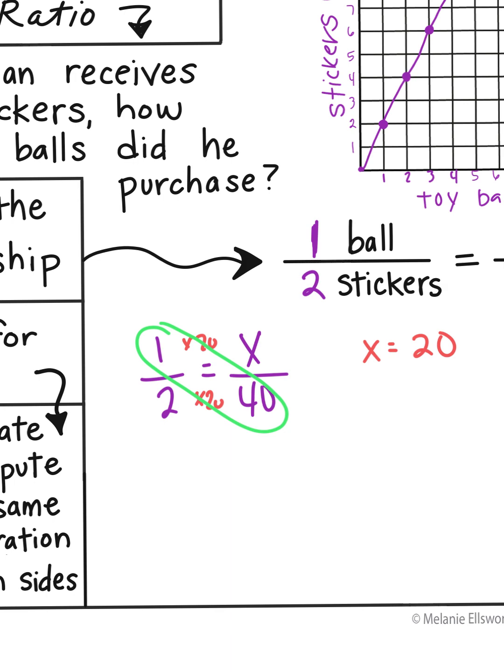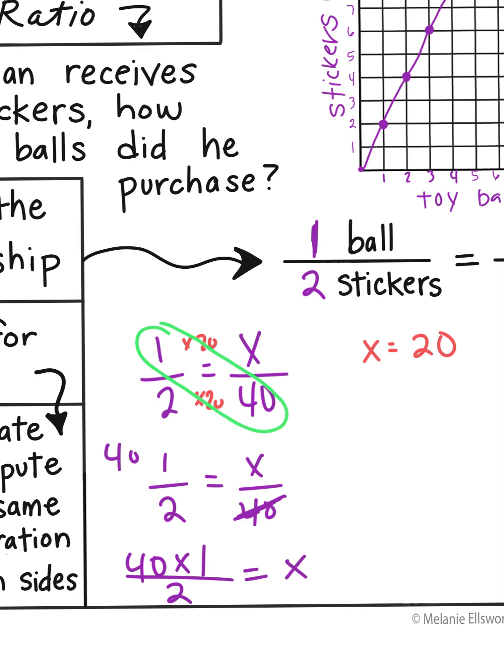I have 1/2, I'm going to rewrite it so I can not have my circles on there. I am taking away the 40 from here, and I'm applying the 40 to here. So what this looks like is 40 times 1 over 2 equals X. I want to get rid of the 40 from the X side.